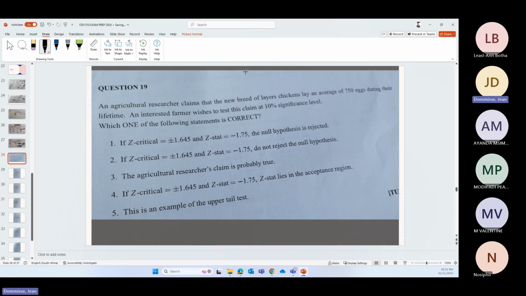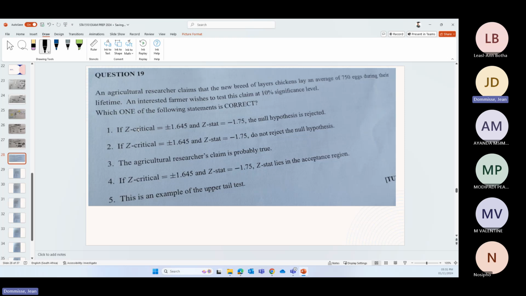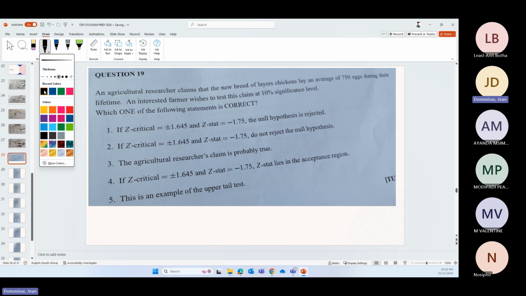Here we're looking at critical values that we need to look at. All of it is at least Z value. So let's look at the question.